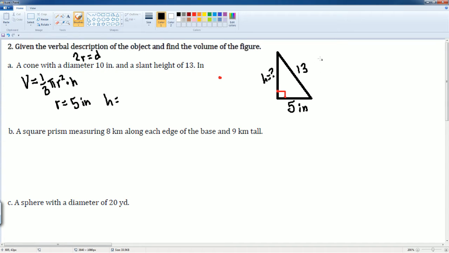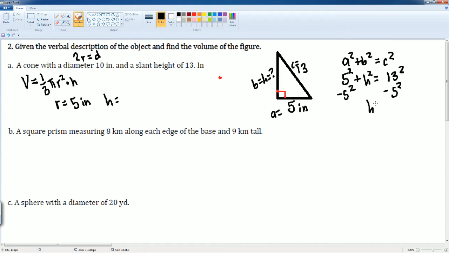So we have to use the Pythagorean theorem. This can be A, this can be B, and this can be C. So A squared plus B squared equals C squared. So this is 5 squared plus height squared is equal to 13 squared. Subtract 5 squared from both sides.